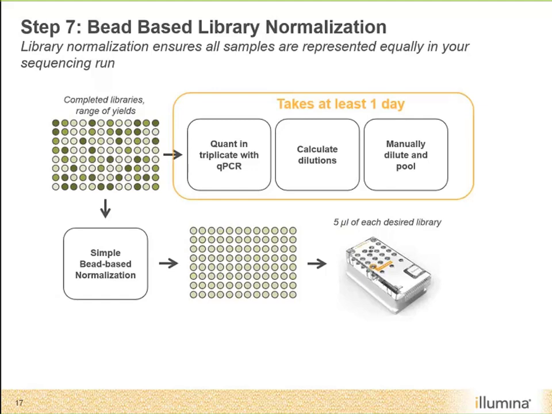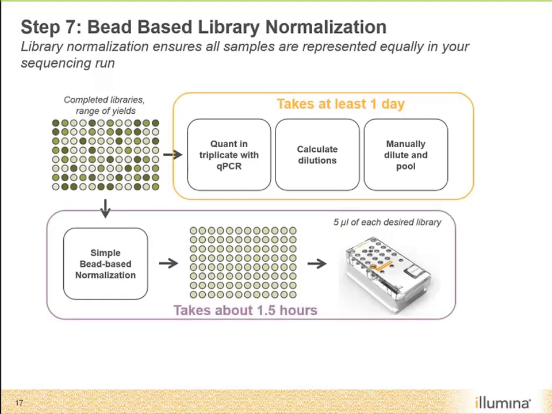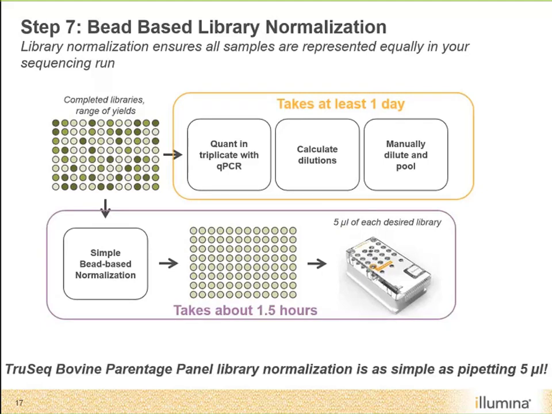Once you have all those libraries normalized, you simply take 5 microliters of each library to go into your pool. This takes about 1.5 hours. As you can see, it's a lot of time saved using bead-based normalization, and it is as simple as pipetting 5 microliters of each of your libraries.